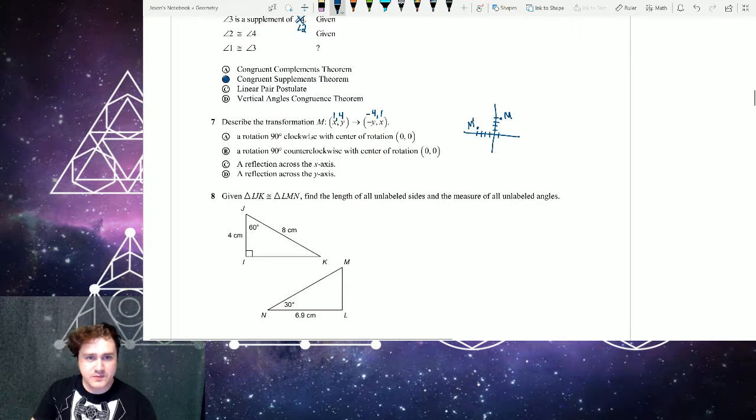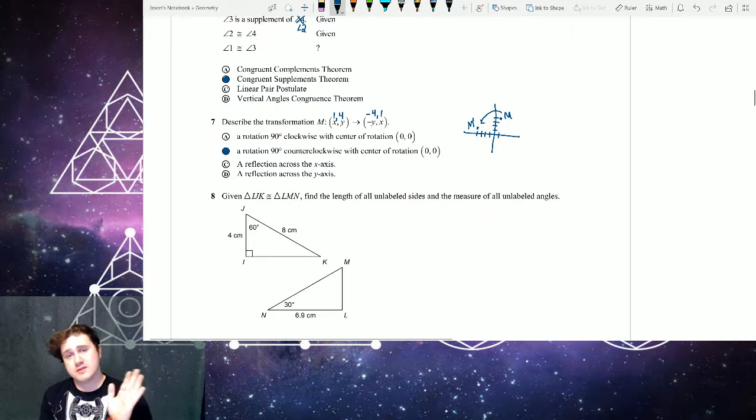Alright, so looking at our choices, M goes to M prime, so that is a 90-degree turn counterclockwise. So our answer should be a rotation of 90 degrees counterclockwise. Now if it was going the other way, then it would be clockwise, but again, we're going to the left, so that is counterclockwise.